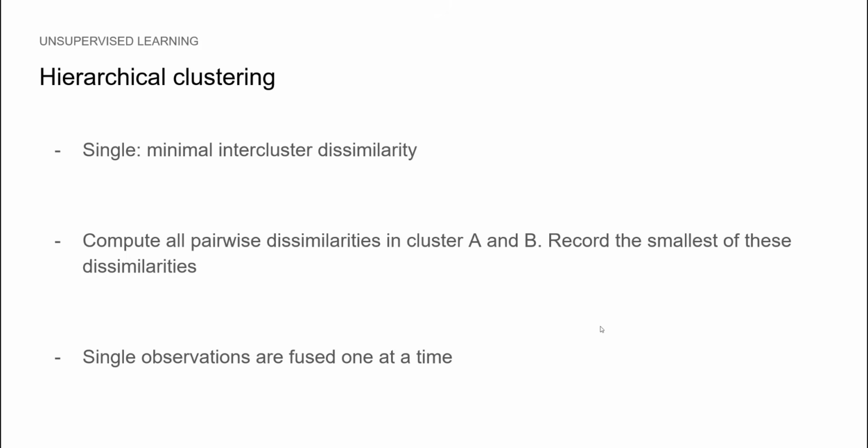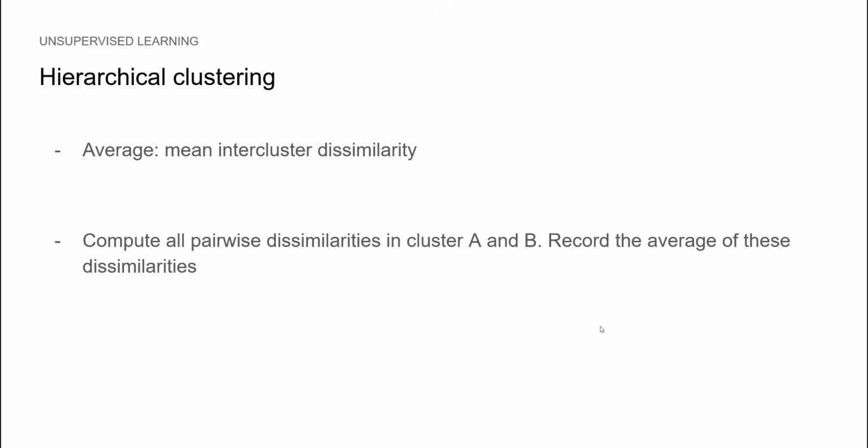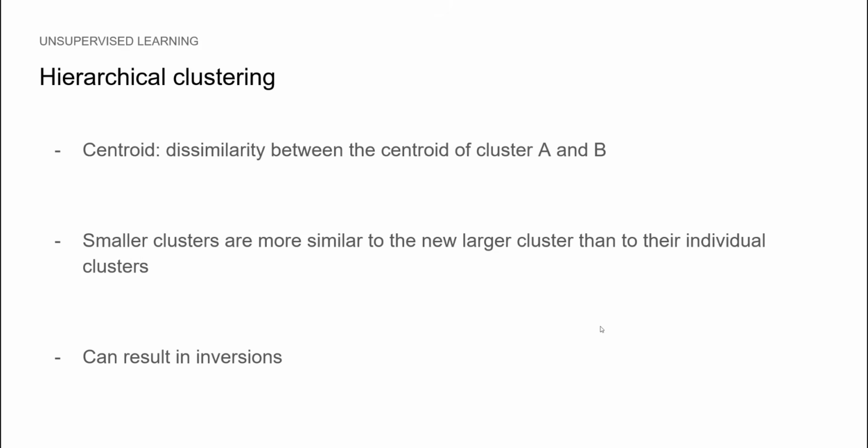With single, it's the opposite, and we talk about the minimal intercluster dissimilarity. So here, the smallest of the dissimilarities is recorded, and this can mean that single observations are fused one at a time. Then we have average. As the name suggests, the average of the pairwise dissimilarities is recorded. And finally, we have centroid, which computes the dissimilarity between the centroids of cluster A and B.